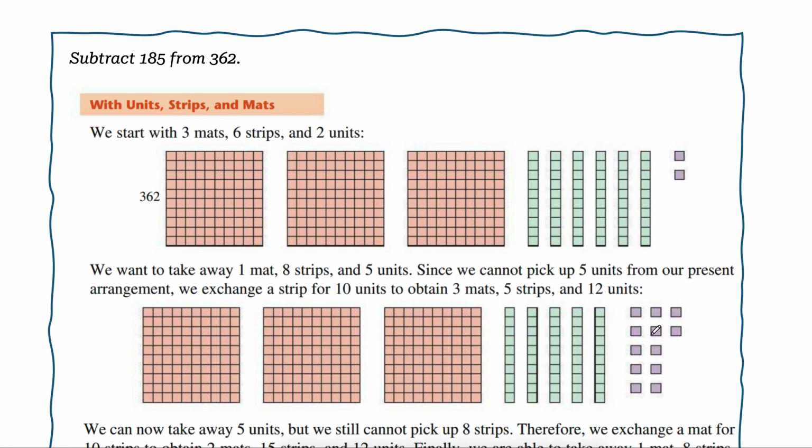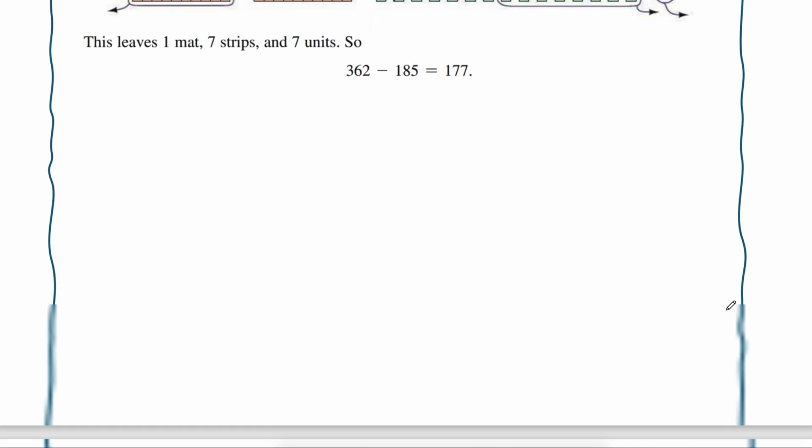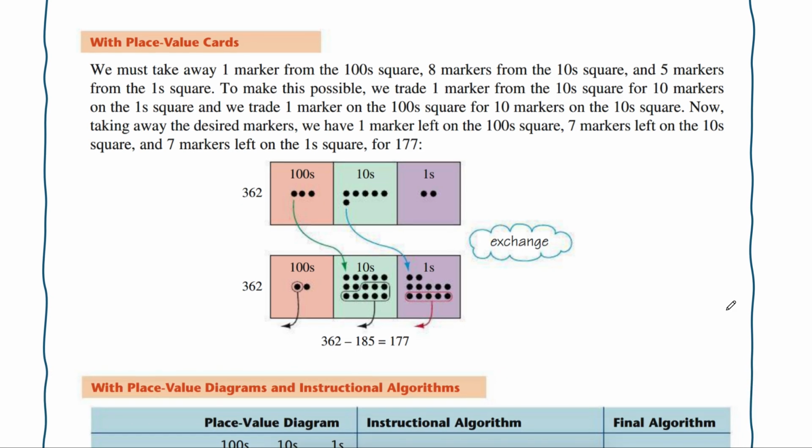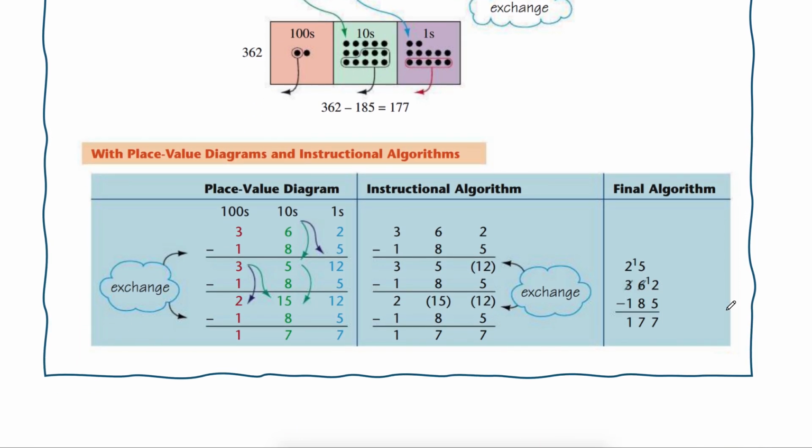And then I have another example, 185 from 362. So here you're going to have to do some exchanging of these units. And I've got an example that's going to walk through that again with the manipulatives, then the place value cards, and then finally in the most abstract way with our algorithms.